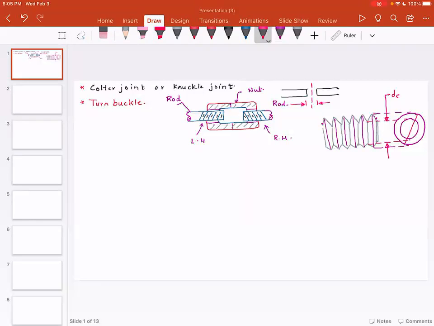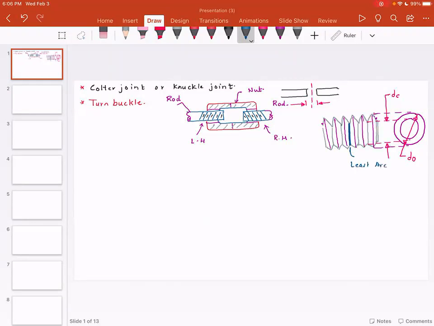And then this is DO, which is outside diameter. Now, if you look at the weakest cross section, the weakest cross section is over here. So I'm gonna just highlight this. This is the weakest cross section. So this is the least area.